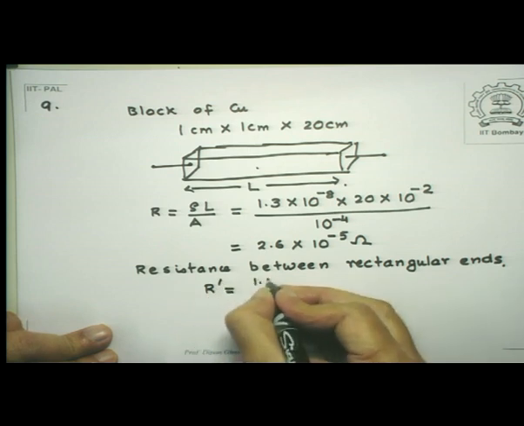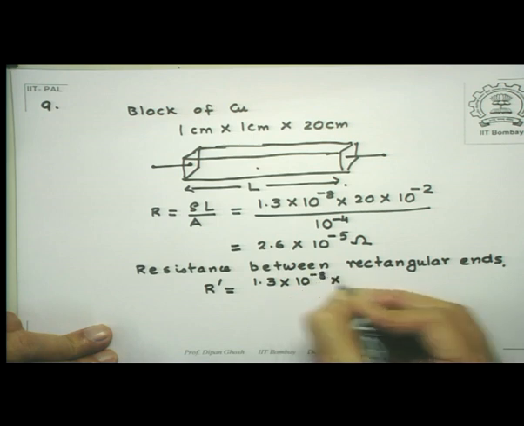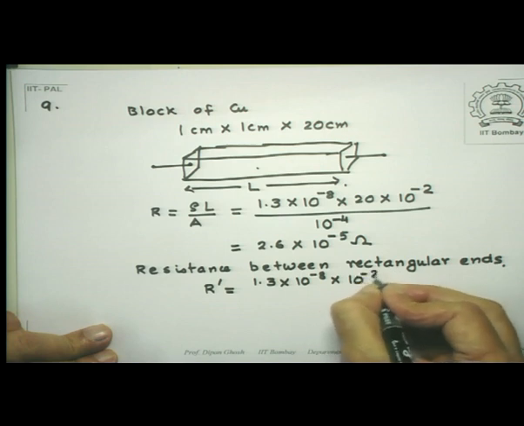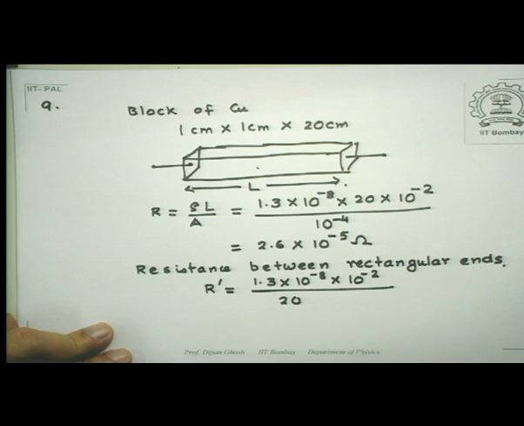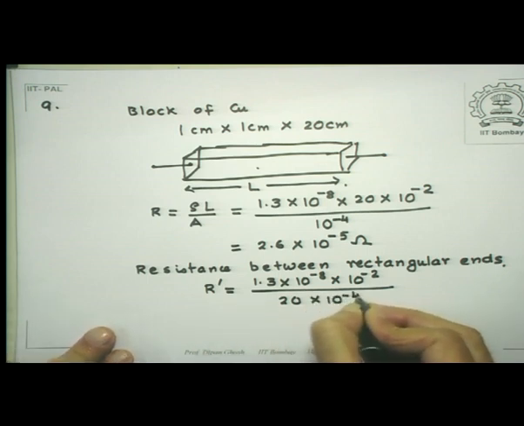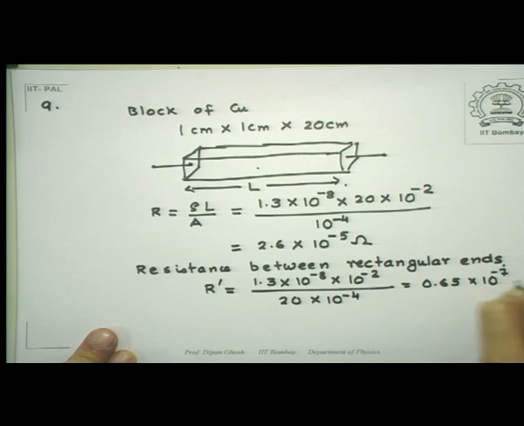I have the same number 1.3 into 10 to the power minus 8, which is a property of the material. The length this time is just 1 centimeter, so that is 10 to the power minus 2, and the area is 20 centimeter by 1 centimeter, so it is 20 into 10 to the power minus 4. And if you calculate this, this is 0.65 into 10 to the power minus 7 ohms.